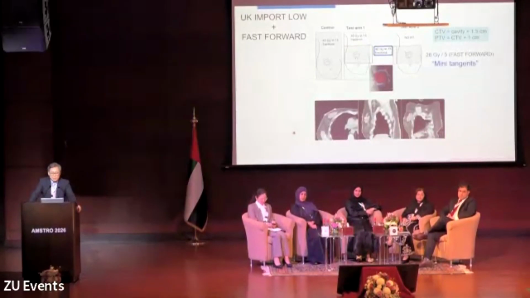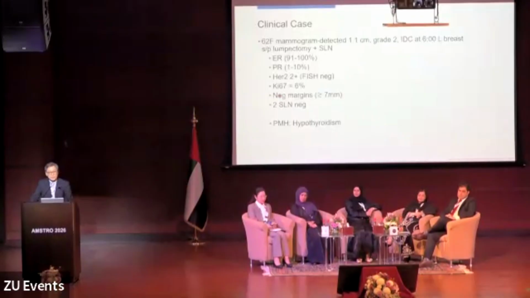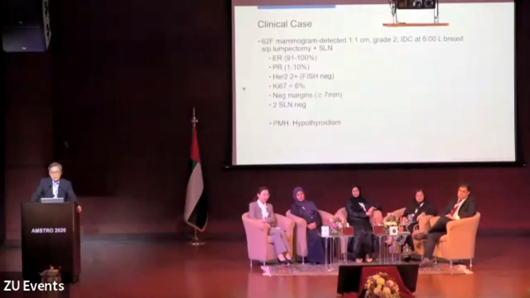So bottom line is that this is a great option and easily adopted into radiotherapy practice. So what we do at Mayo, and I'm sure a lot of people do this, is that when we see early stage favorable patients, instead of doing the 40 gray in 15 fractions, we combine the IMPORT LOW with the FAST-Forward dose regimen of 26 gray in 5 mini tangents. So coming back to our patient, favorable luminal disease, early stage, definitely a candidate for partial breast radiation because it's 1.1 centimeter.